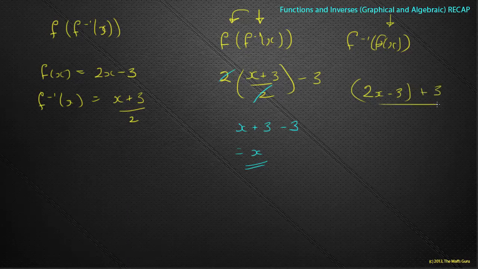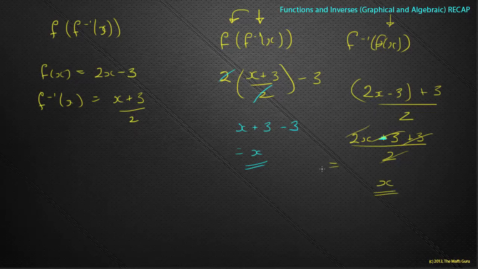I'm going to add 3, and I'm going to divide it by 2. So that gives me (2x minus 3 plus 3) over 2. And that is definitely a minus sign, by the way. Minus 3 plus 3 cancels. 2 divides into the 2, and once again, we get x. So a little bit of a trick question, perhaps, and I'm sure you can now relate that to what we were doing a moment ago.